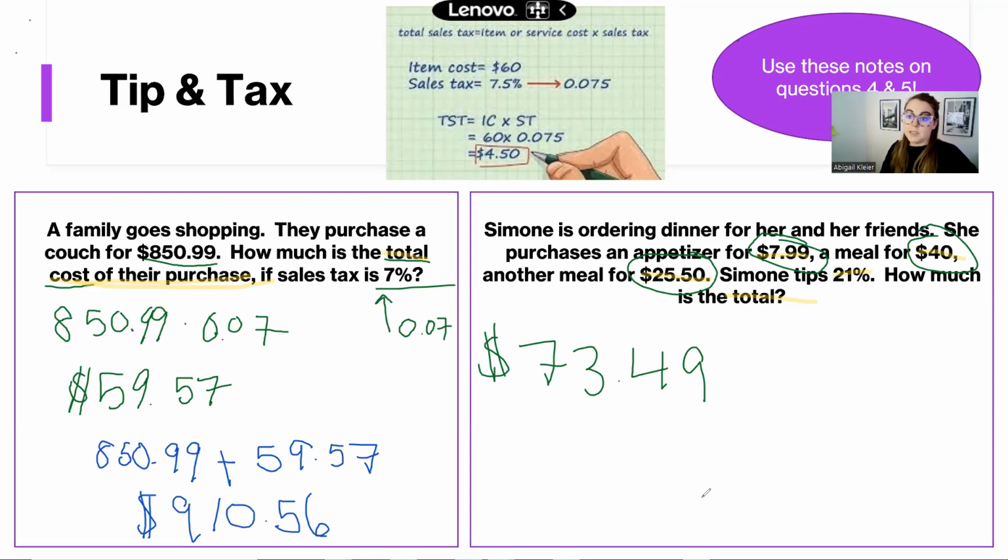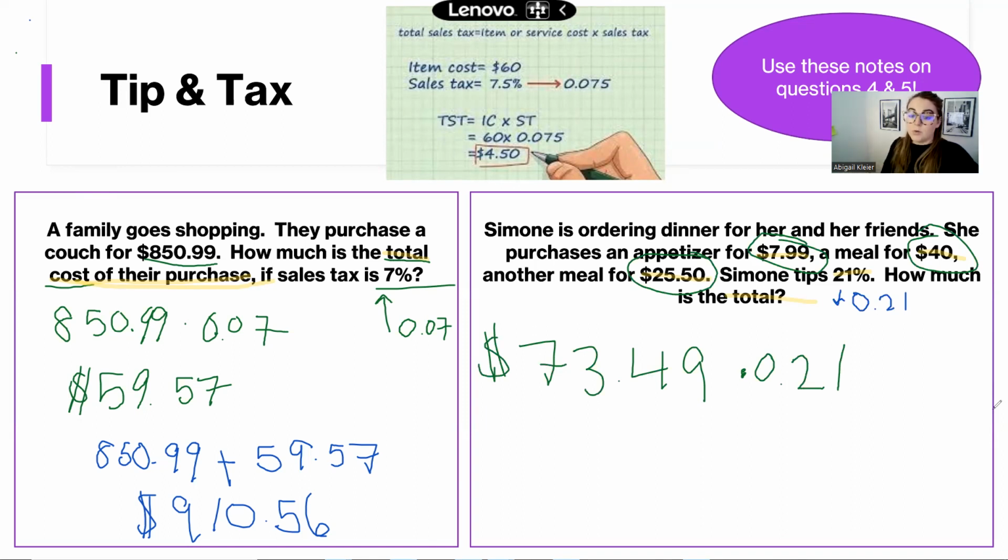Now I need to calculate the tip. So Simone wants to tip 21%. I'm going to convert 21% to a decimal, and I am going to multiply my subtotal by that tip amount, which is 0.21.